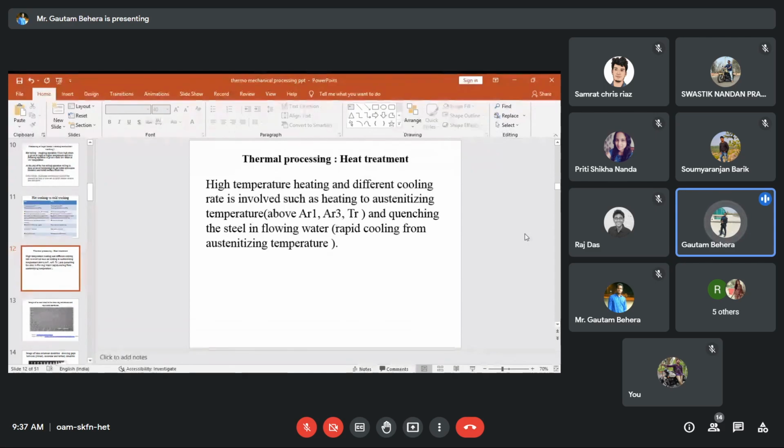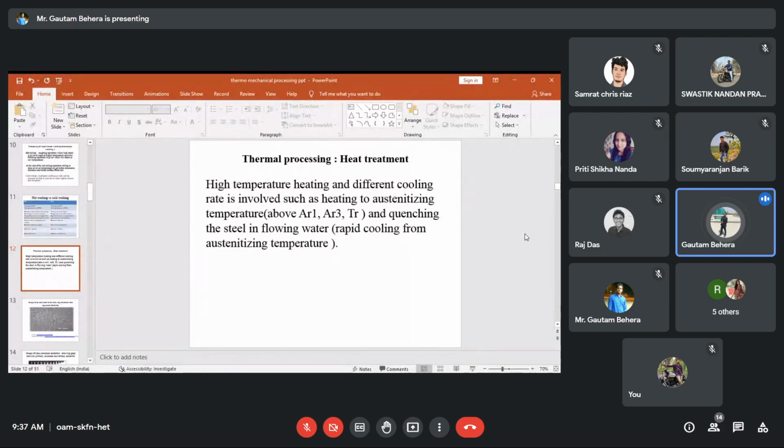We can modify the phases or microstructures, from pearlite to martensite, pearlite to bainite, sometimes austenite to ferrite, or austenite to pearlite. We can modify the phases by doing heat treatment.